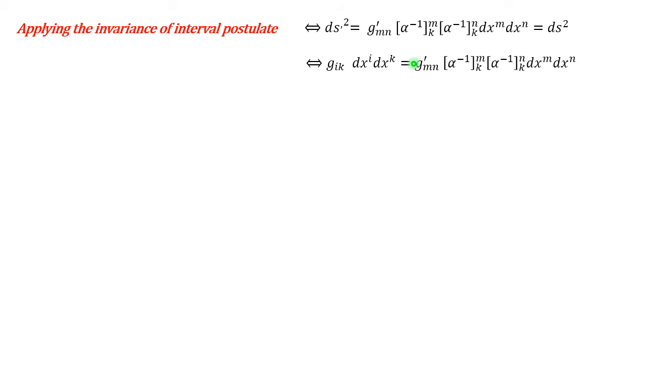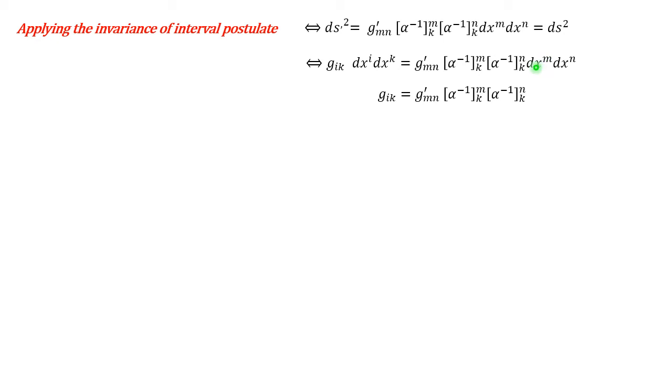Applying the invariance of interval postulate, ds prime squared must be equal to ds squared. So we know that the interval must be the same as that of the other reference. The interval in the unprimed reference must be equal to the interval in the primed reference. So that's why we have to equate these. We can record that in the unprimed we had g ik dxi dxk, and we also have this for the primed.